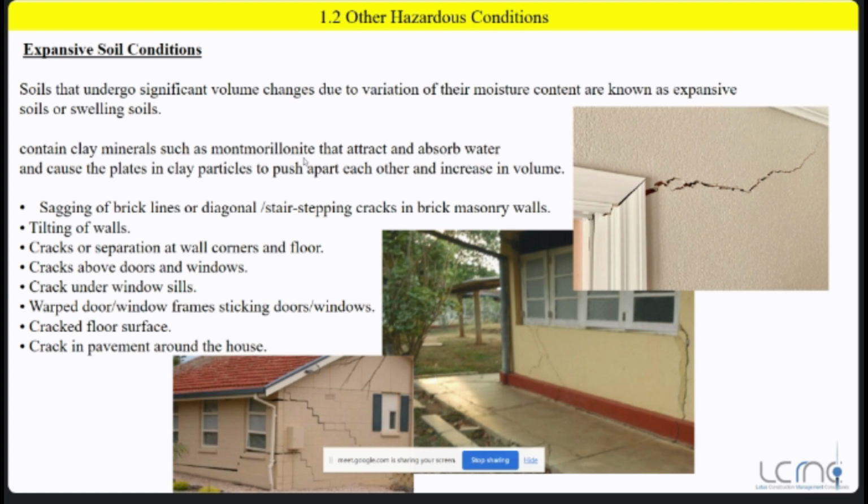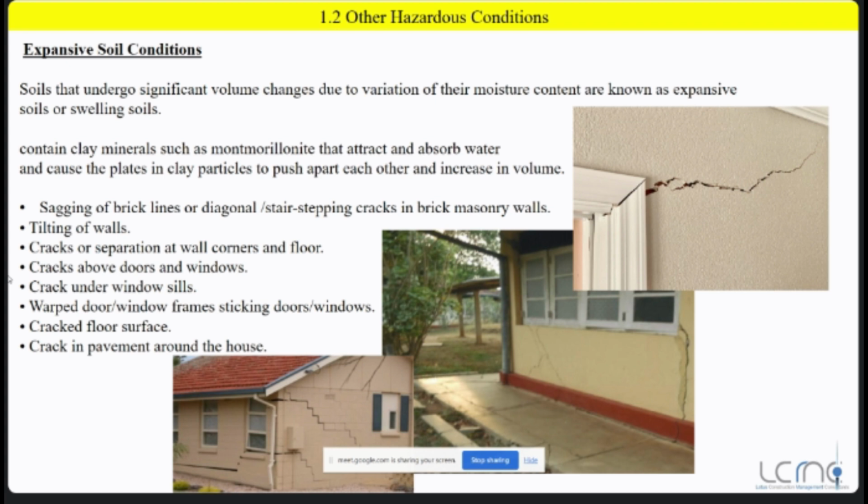Cracks and separation at wall corners can also happen, as you can see in these images. And as I mentioned earlier, there will be cracks above the doors or at sill levels, and warped door or window frames. That means when you fix the door frames and window frames, there will be some warping because your structure is going to settle.